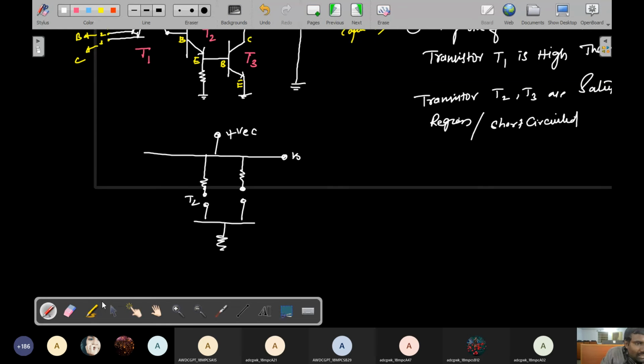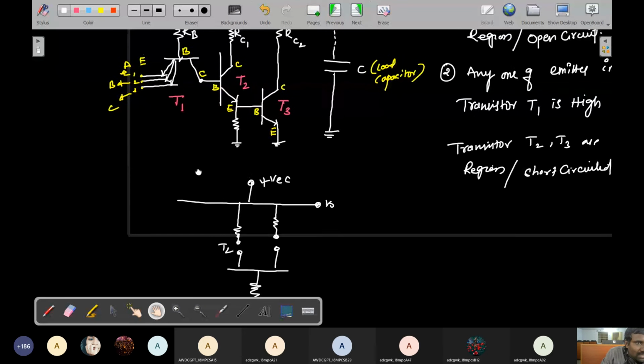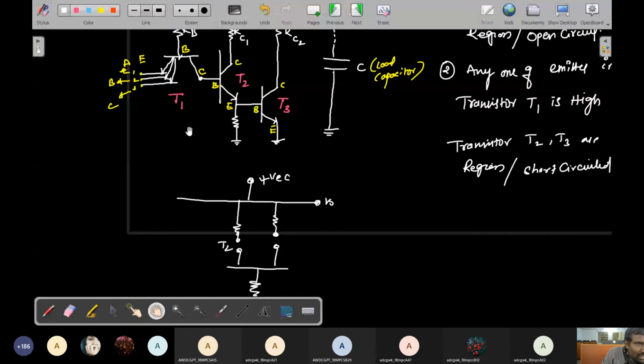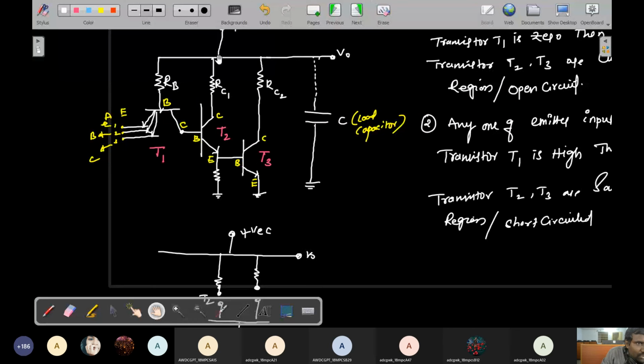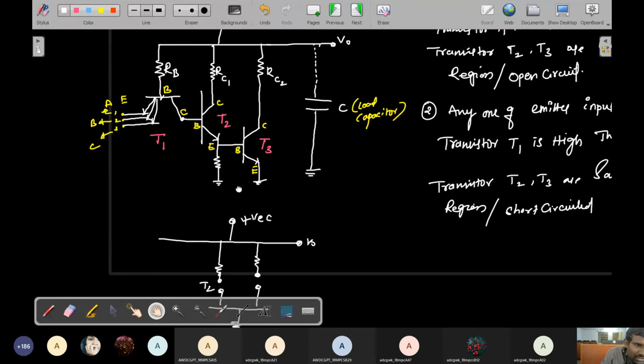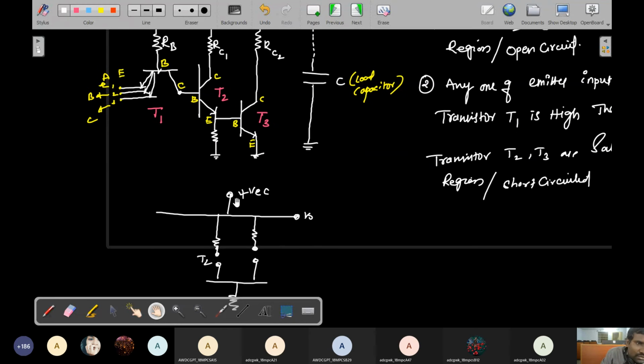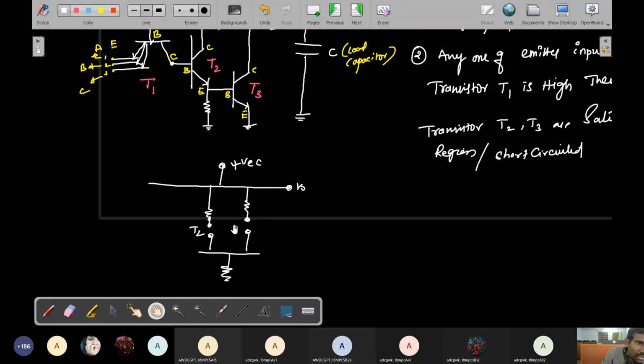So in this situation, the positive VCC is connected to these three transistors. From the concept of a low base terminal, these two transistors are completely in the cutoff region, that means in open state. Therefore, this output voltage and this VCC are not connected to the ground terminal.